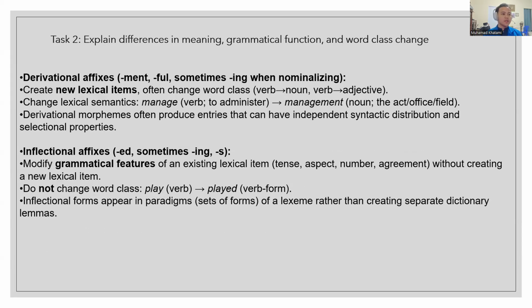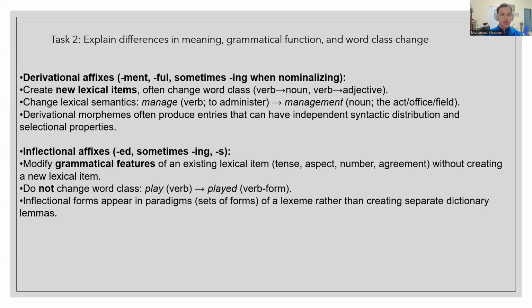Okay, and then test two. The second test is to explain differences in meaning, grammatical function, and word class change. So for derivational affixes, ment, ful, sometimes ing when nominalizing, create new lexical items, often change word class, verb into noun or verb into adjective, and change lexical semantics.